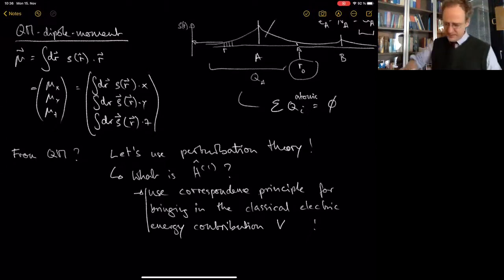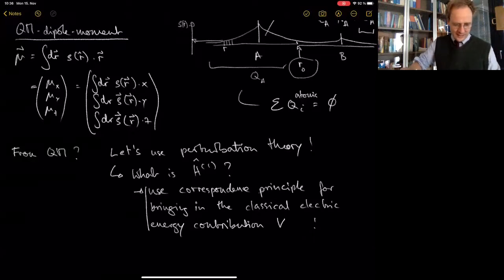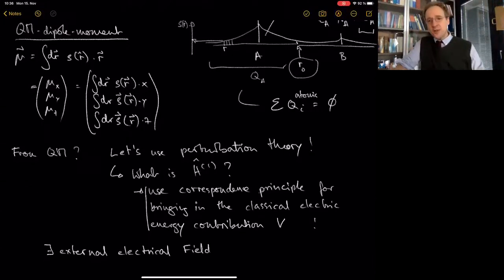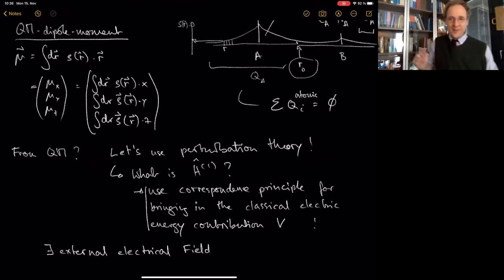So if there is an external electrical field, and the symbol for electrical fields, and this is a little bit unfortunate, and you have to pay a lot of attention now, is capital E. So that is the same as our quantum mechanical energy.